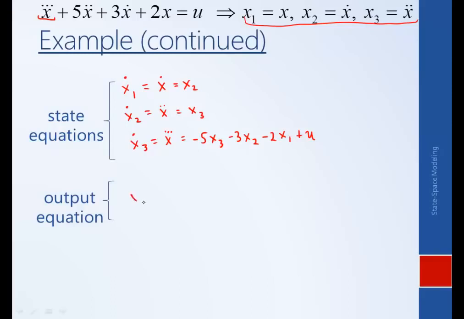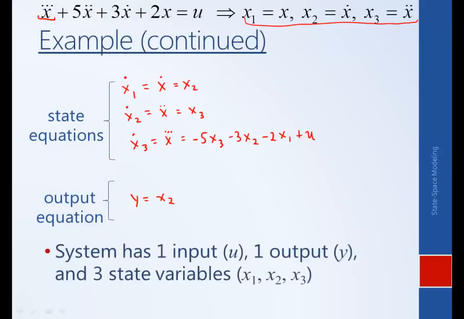That just means that our output is x2 because x dot is equal to x2. This is something that you'll have to be told or you'll have to decide based on what it is you're trying to accomplish. So this is a complete state space model of the original differential equation.